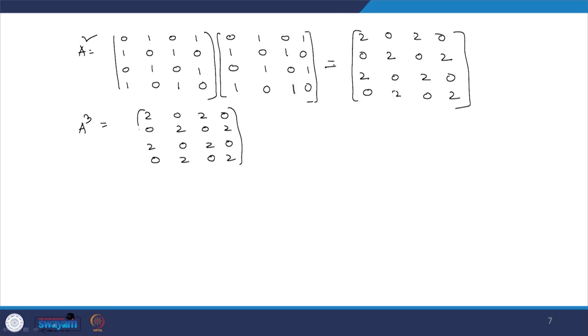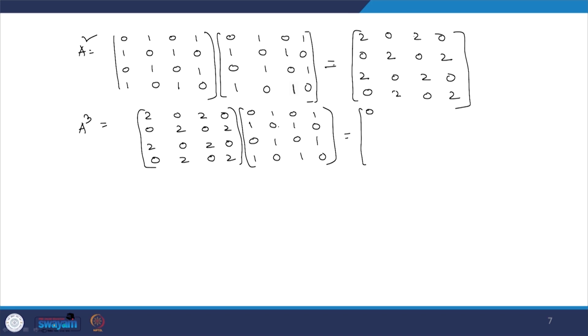This when you multiply by your 0 1 0 1 1 0 1 0 0 1 0 1 1 0 1 0. If I do it, what am I getting? First multiplying this one, the first entry is 0. What about the second one?